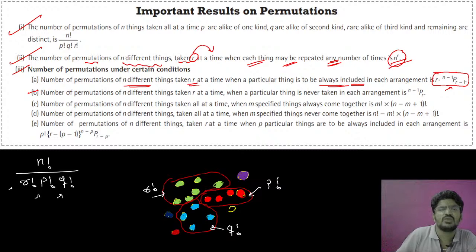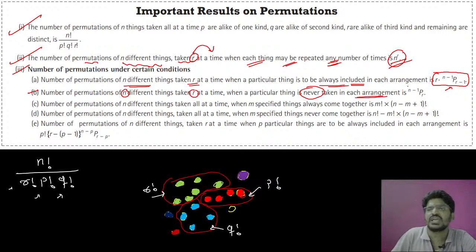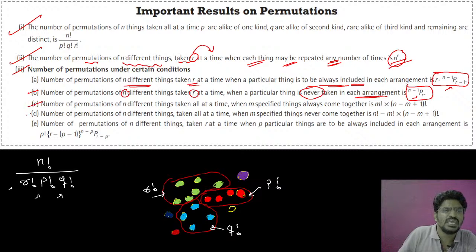You see the second one. The number of permutations of n different things taken r at a time where a particular thing is never taken in each arrangement is given by n minus 1 P r. You just go through C, D and E. You just read them and you can understand them, no problem.